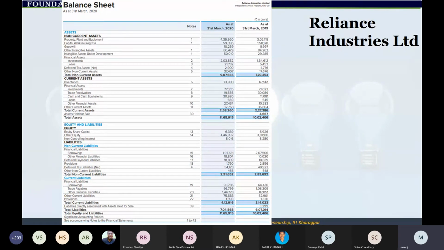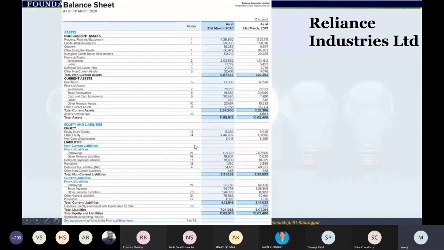Now on the liability side, peculiarly, they started with equity capital. So equity capital comes first. Their equity capital is 6,339 crore rupees. Earlier year it was 5,926. Then they say other equity.